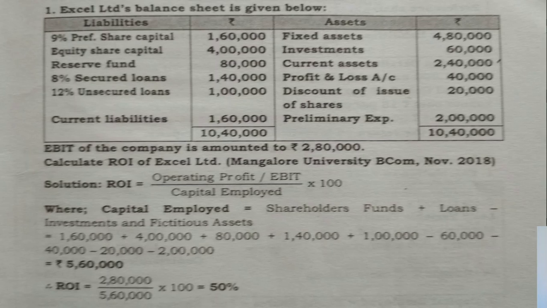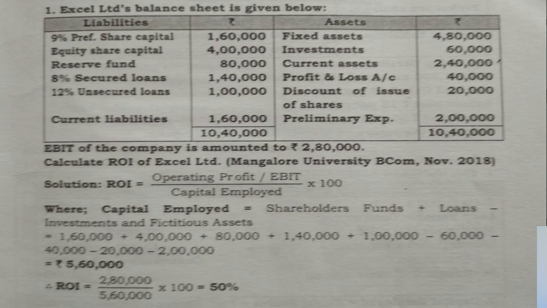So that also we have to deduct from the shareholders' funds. 40,000 we have taken. Then discount on issue of shares, that is also a loss to the company. So discount on issue of shares 20,000, we have taken 20,000 rupees, and preliminary expenses total 2 lakh rupees.